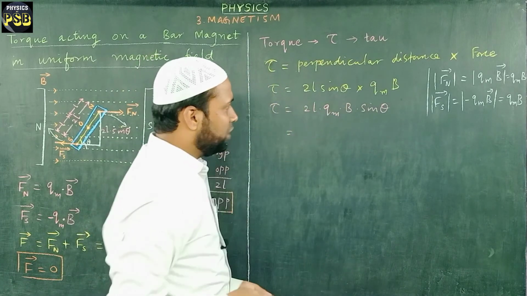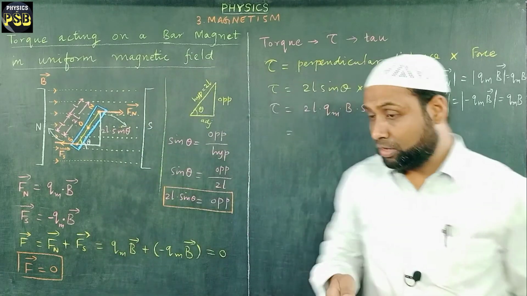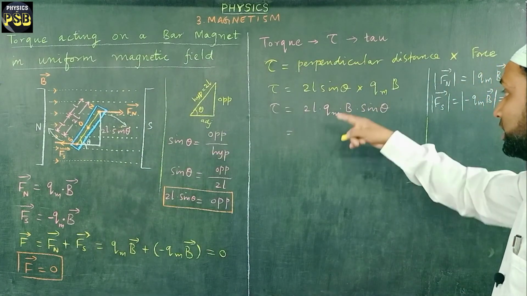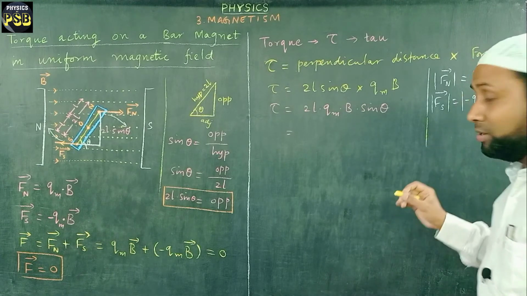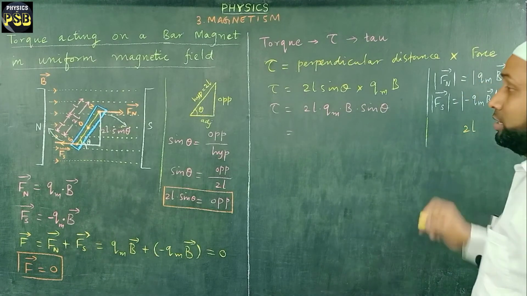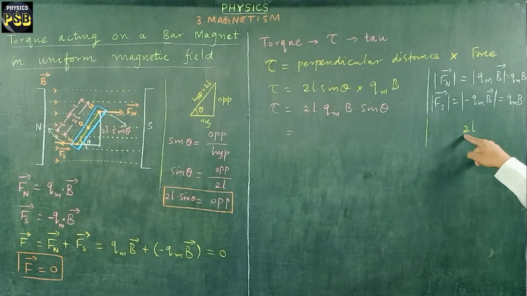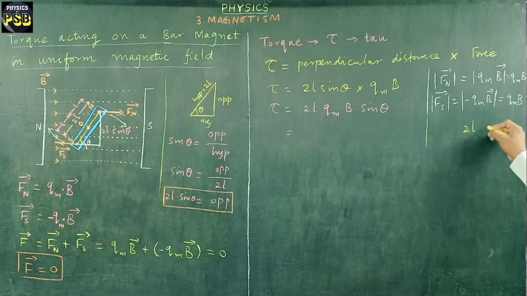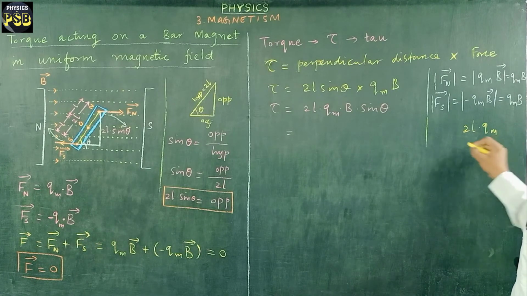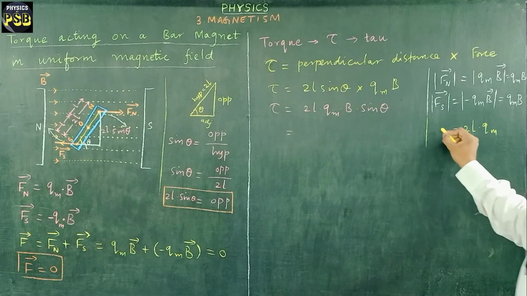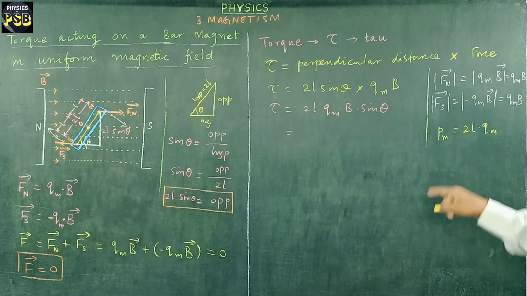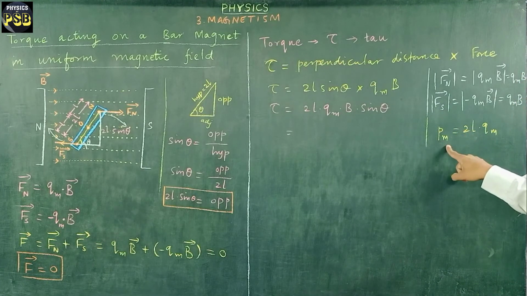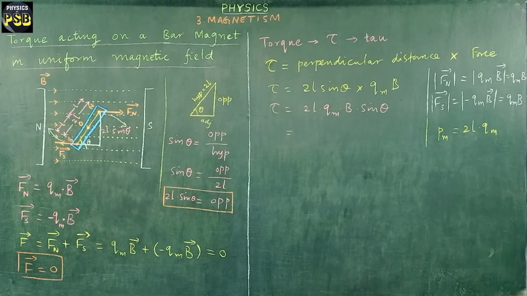The next thing, we know that the product of the length of the magnet with the pole strength provides us the magnetic dipole moment, represented by the letter Pm.